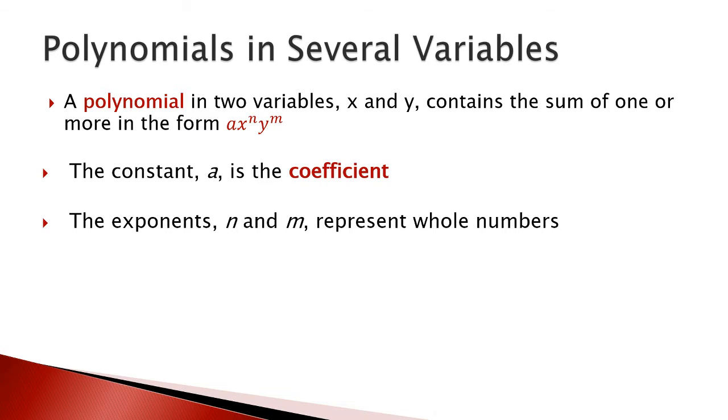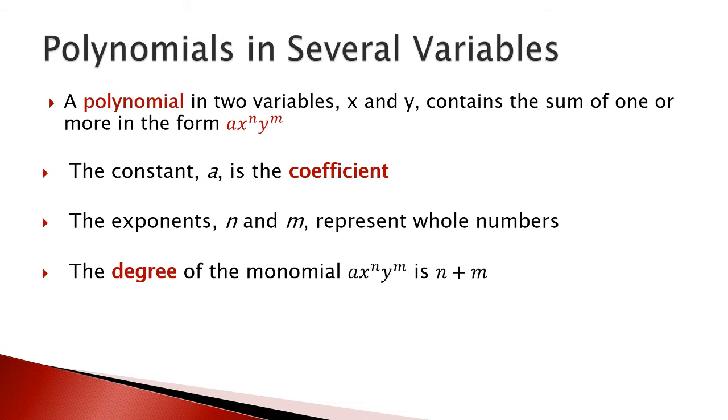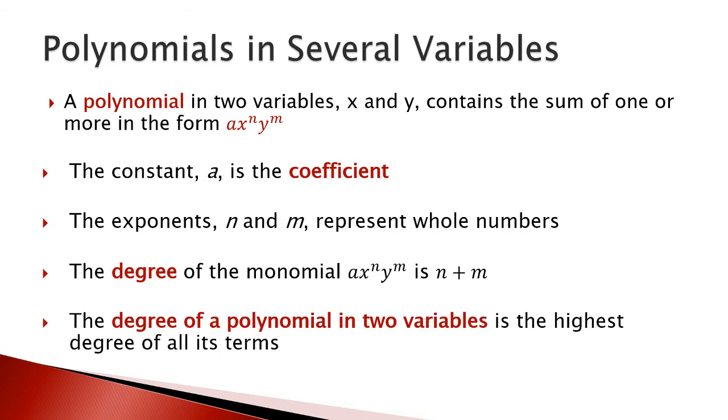The exponents n and m represent whole numbers. The degree of the polynomial a times x to the power n, y to the power m is n plus m. The degree of a polynomial in two variables is the highest degree of all its terms.